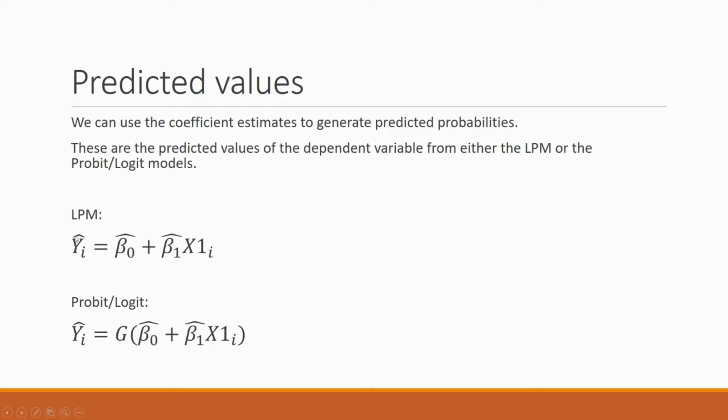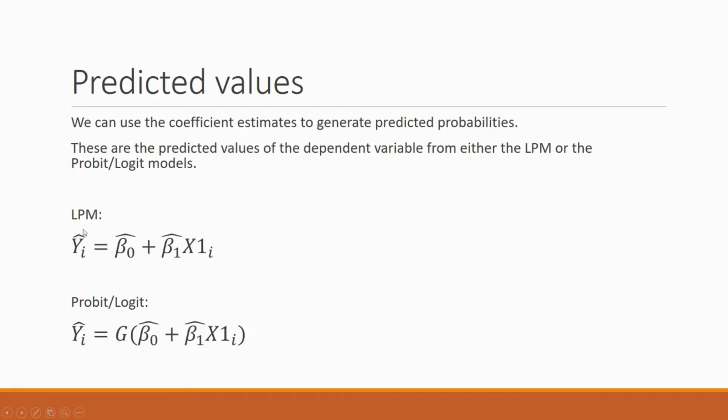From a linear probability model, the predicted probability is just the yi hat. Every individual will have a different predicted probability. We've estimated beta 0 and beta 1, so we have beta 0 hat and beta 1 hat, and we just solve this linear function to generate the predicted probability.